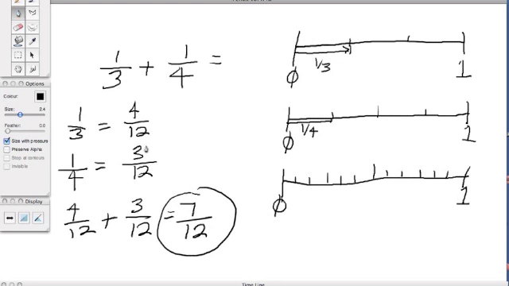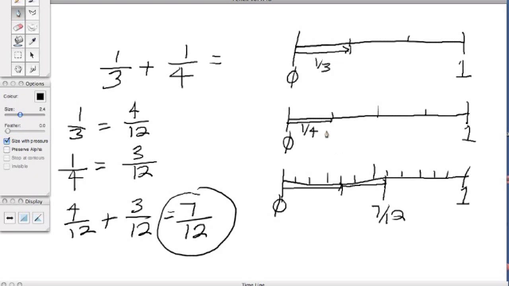Now, let's take the 1/3, which is 4/12, and lay it in on the number line. It goes from 1, 2, 3, 4 over to here, and that's our 1/3. Lays in like this, and looking at the 1/4, it is 3/12. So let's count off 3 more. 1, 2, 3, and now we've moved from here out to here, and this in fact is our 7 over 12.